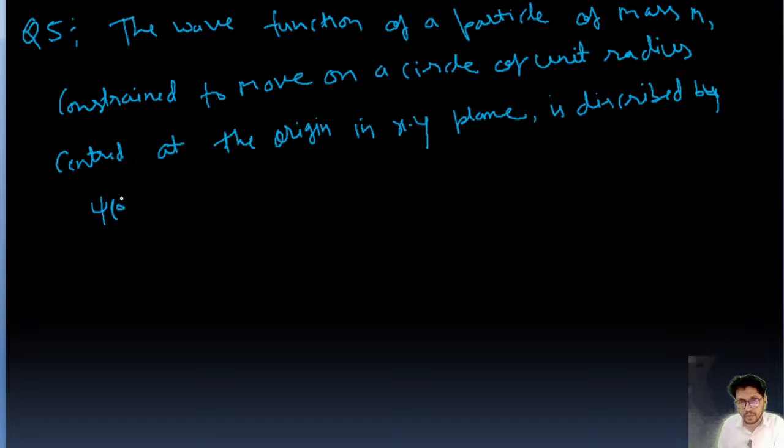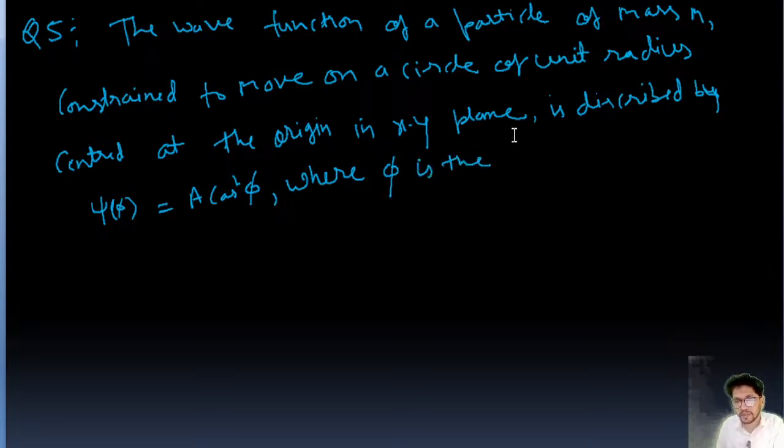psi of phi equal to A cos square phi, where phi is the azimuthal angle.